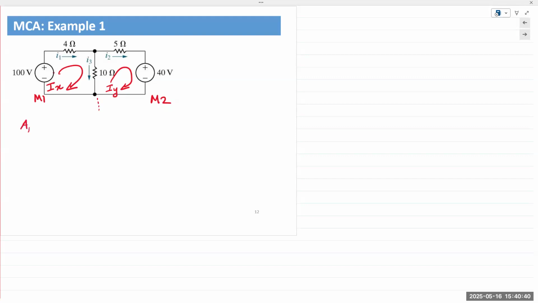Apply KVL to mesh 1. How many voltages do we see? 3. 3 voltages in each mesh actually.